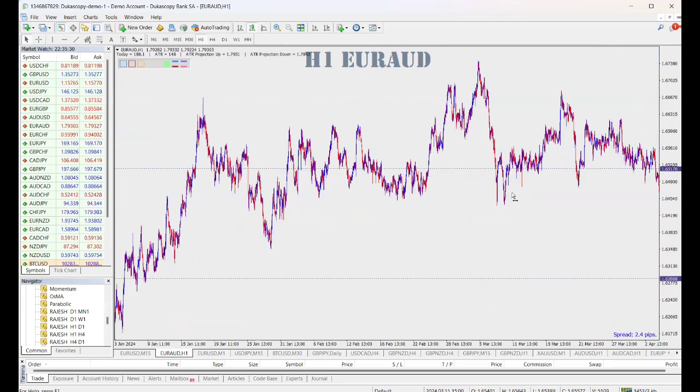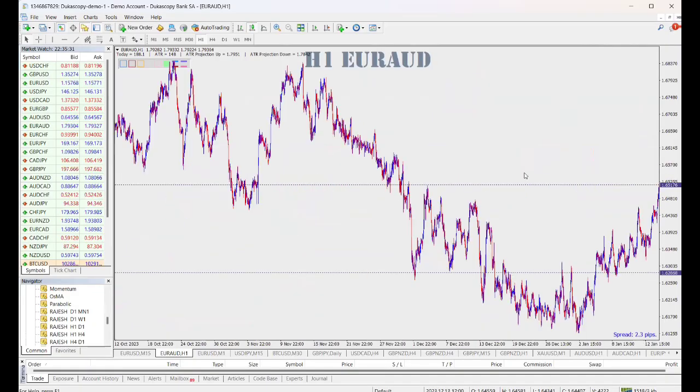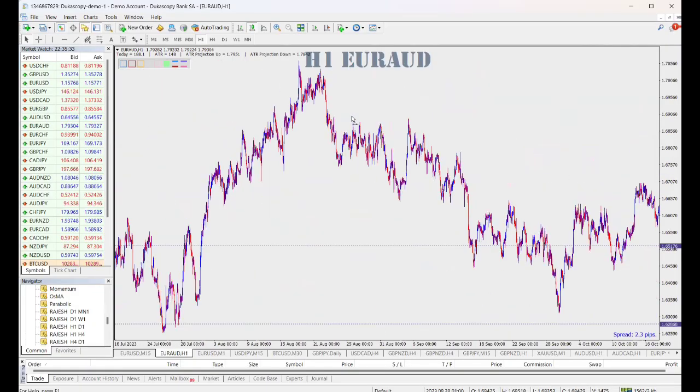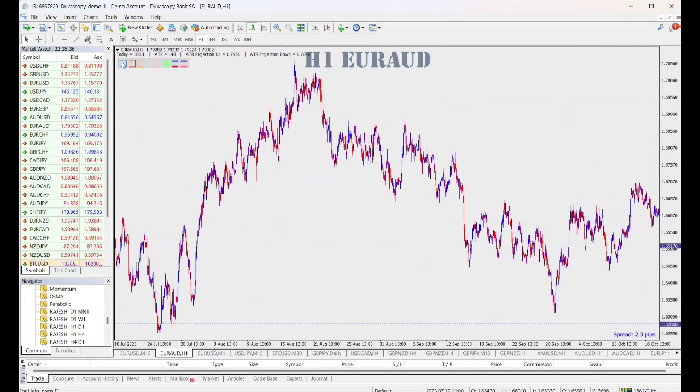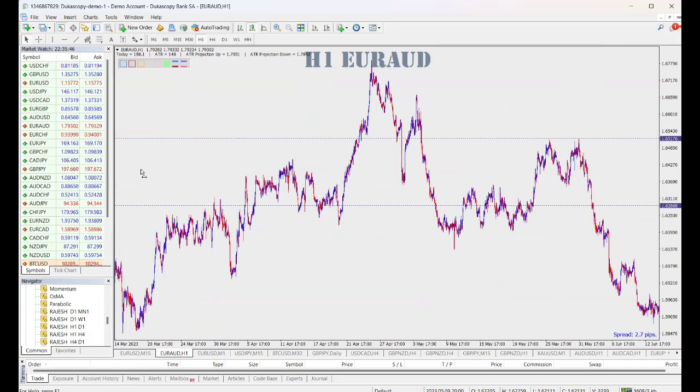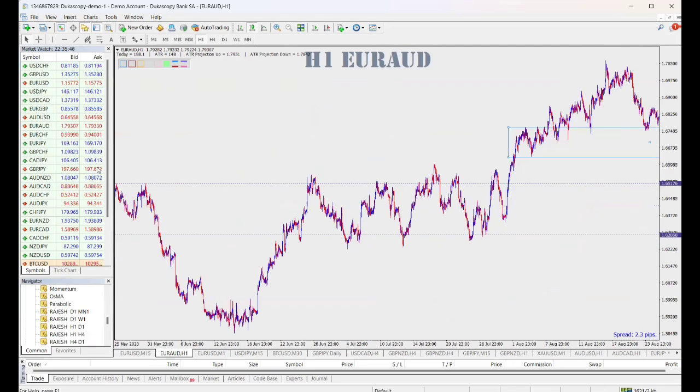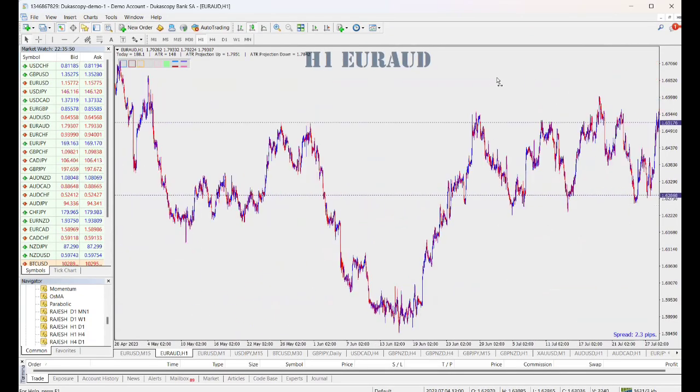Another example of a flag limit here. I mean, guys, they're all over. This is an area here. We can see here, this level held price up. We broke to the left.